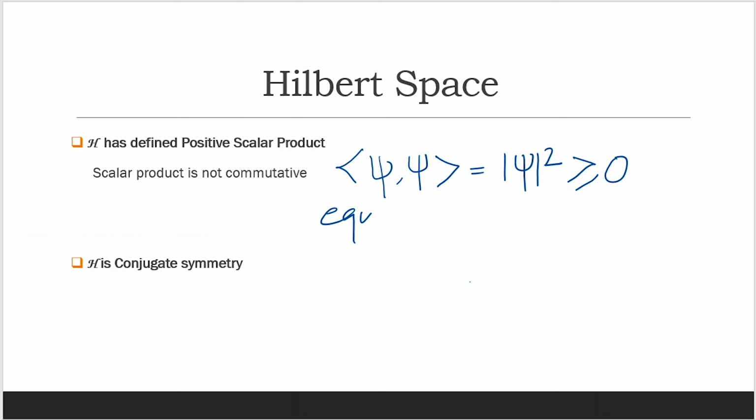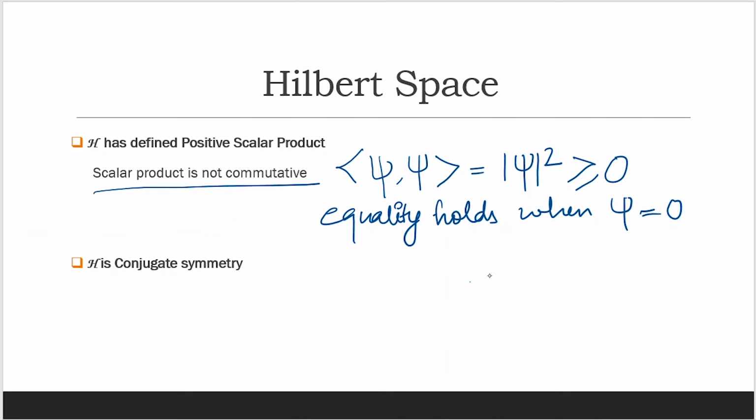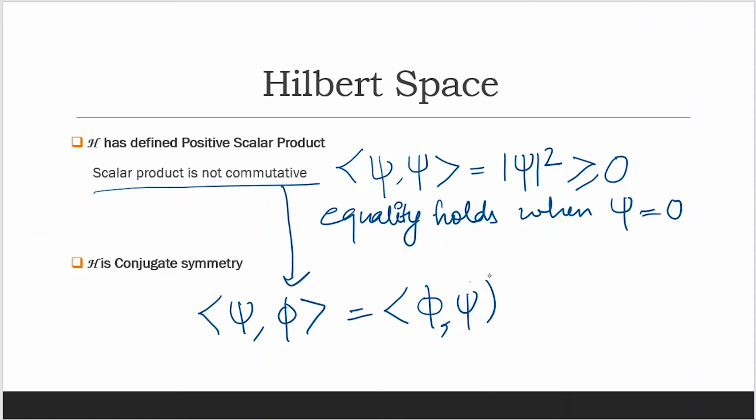Equality holds when xi itself is the null vector. The scalar product is not commutative, because if we do the inner product and swap the order, the commutative relation does not hold.